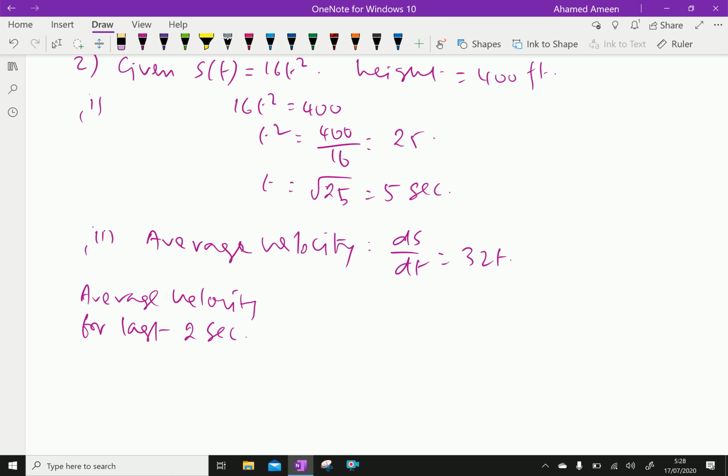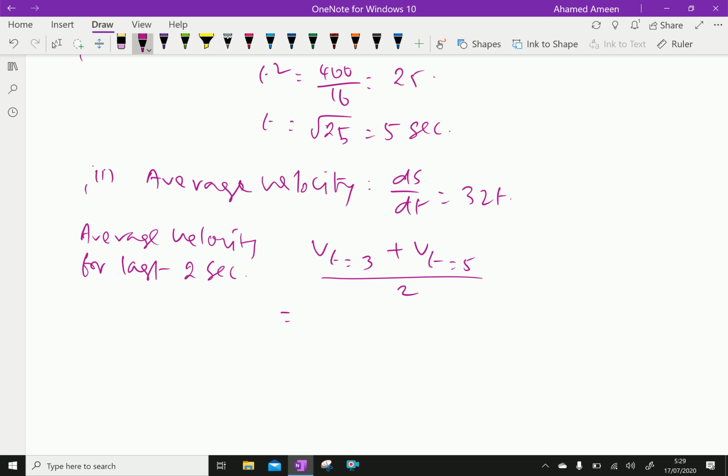We have to find v at t equal to 3, because after 2 seconds means 3 seconds, plus v at t equal to 5 seconds, over 2, to get the average velocity.